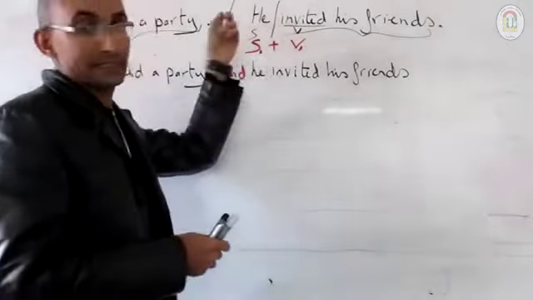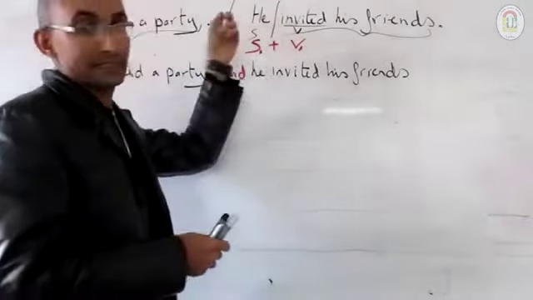A clause is a part of a sentence which contains the structure of S plus V. John had a party is my first clause, and he invited his friends is my second clause, because it also contains S plus V, subject and verb.